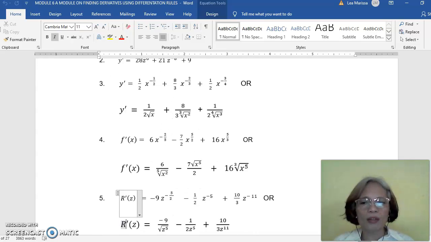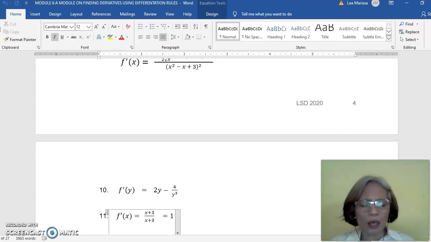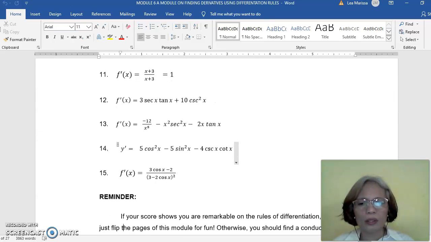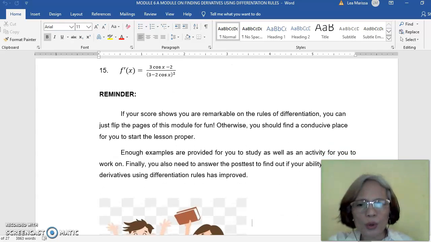They will compare their answers to this, and then compare their scores to the table we had earlier. And then I have here a reminder: if your score shows you are remarkable on the rules of differentiation, meaning the learner was able to get a perfect score of 15, you can just flip the pages of this module for fun.